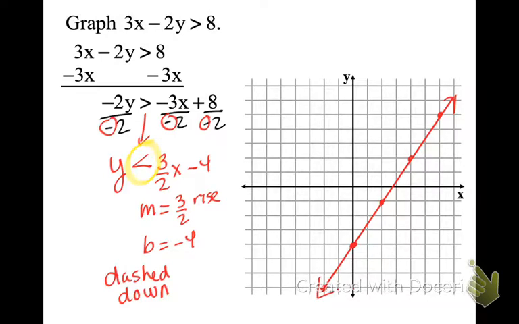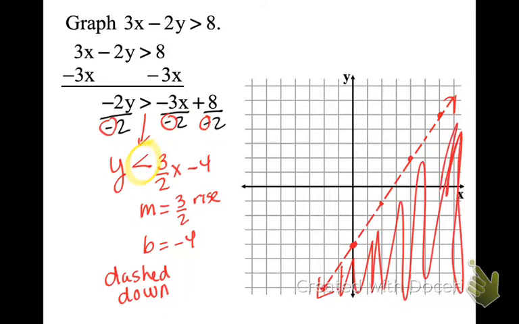And you said dashed? Okay, and now you said down. So my starting point is the y-intercept, so I'm going to be shading over here, below the line. Okay, questions?